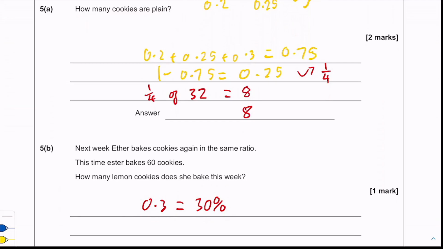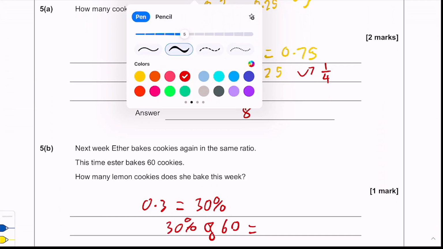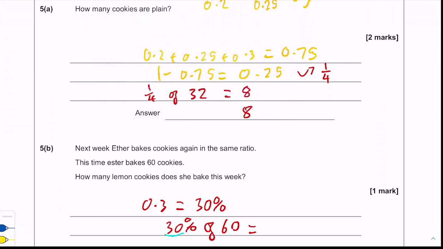So we now just need to work out what 30% of 60 is, and we can do this by doing a quick little trick. When both the percent and the number in the question both end in 0, we can literally just do the first value, which is 3, multiplied by the first value, which is 6, and this gets us 18. So the answer is 18 cookies.